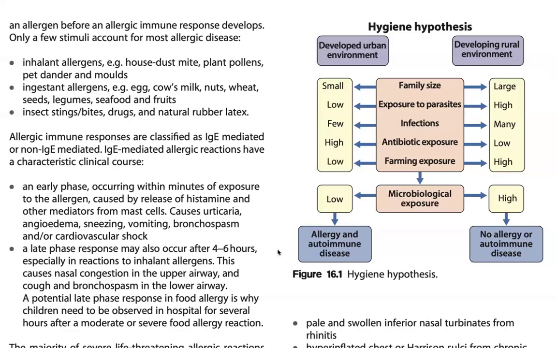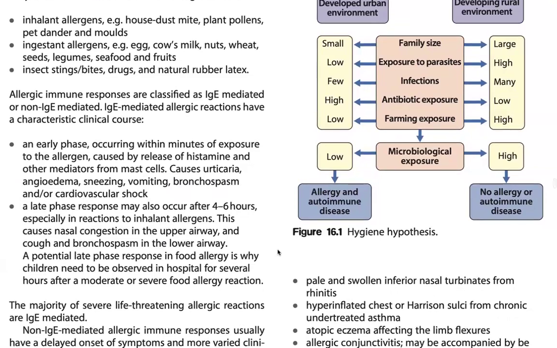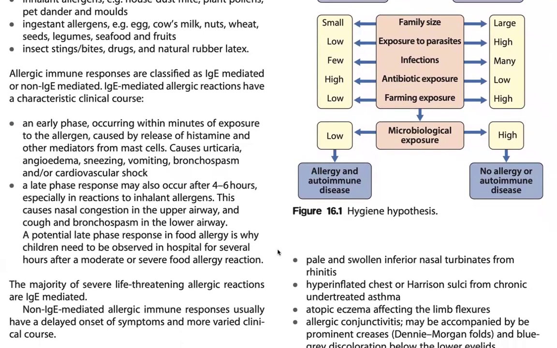The late phase response may also occur after 4 to 6 hours, especially in reaction to inhalant allergens. This causes nasal congestion in the upper airway, and cough and bronchospasm in the lower airway. Potential late phase response to food allergy is why children need to be observed in hospital for several hours after a moderate to severe food allergy reaction. The majority of severe life-threatening allergic reactions are IgE mediated.